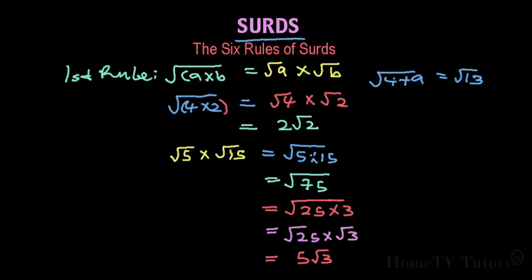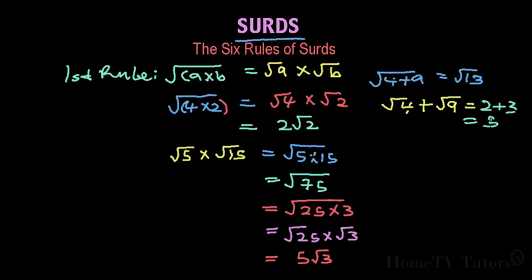This does not equal, as the rule says, square root 4 plus square root 9, which is going to give us the square root of 4, which we know is 2, and the square root of 9, which we know is 3, and that gives us 5.